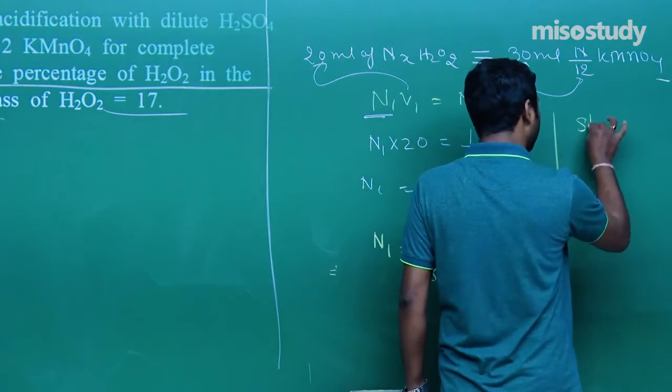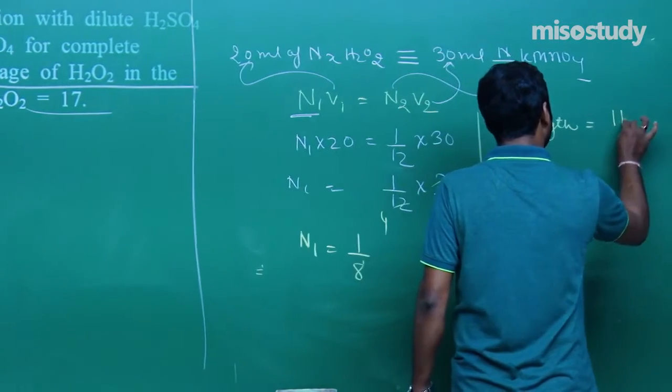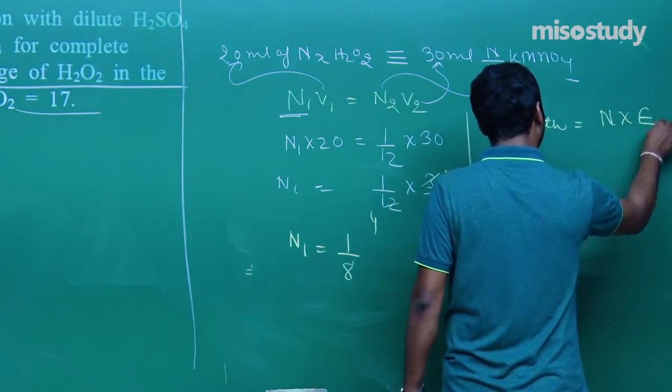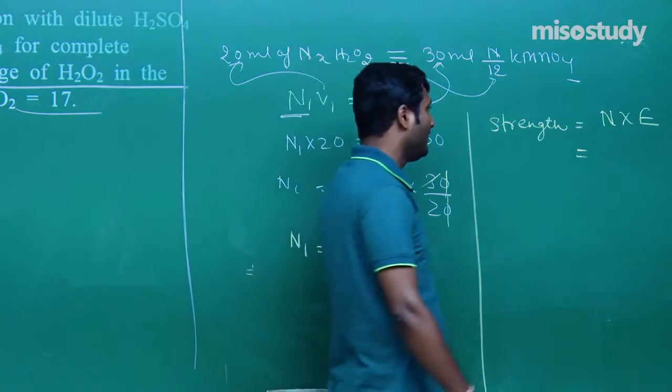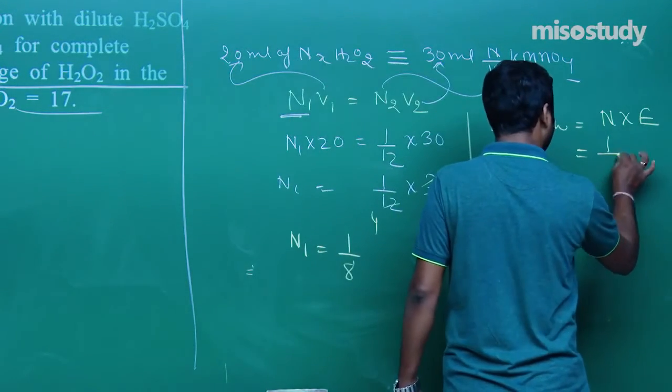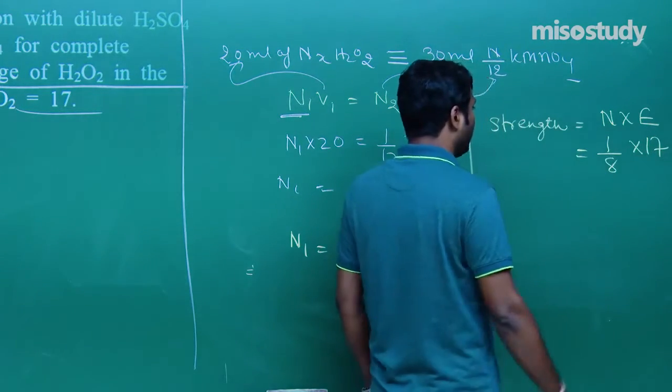Now, what is strength? As we know, strength is equal to normality into equivalent mass. In case of H2O2, the equivalent mass is 17. Strength is 1 by 8 into 17. Clear what I'm telling?